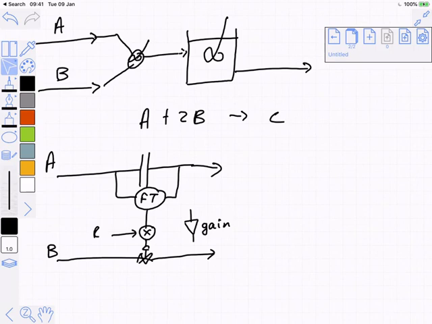Right? So if that flow transmitter is measuring a flow, I can't just multiply by 5 straight up to get a new flow which is 5 times bigger and then write that signal directly to the valve, because what the valve is getting is something like a valve opening or a pressure signal or something like that.